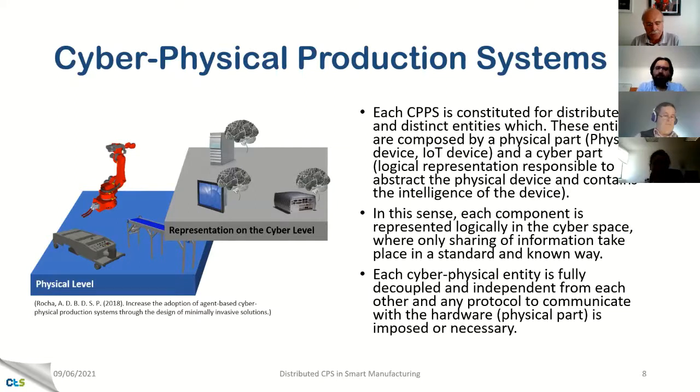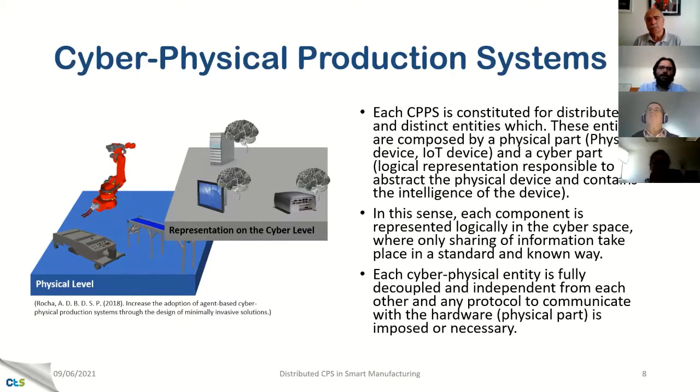So the usual definition of cyber physical system is that each physical component should have a cyber representation at the cyber level, and this cyber representation works together with the physical part in order to create a unique entity, with the physical and the cyber level working together in a closed loop.